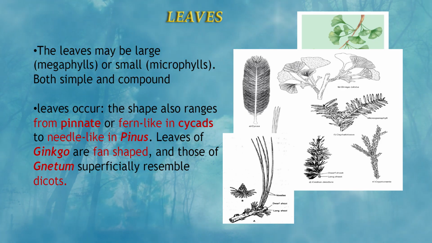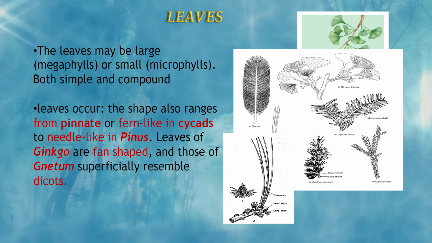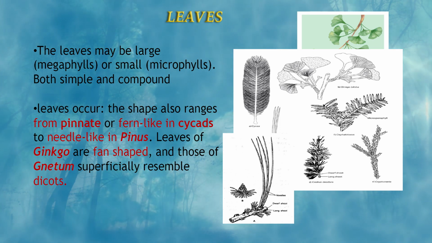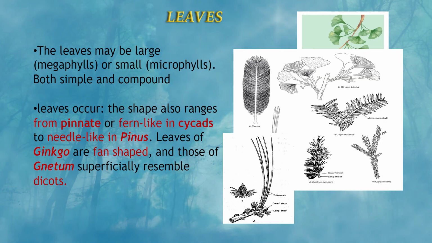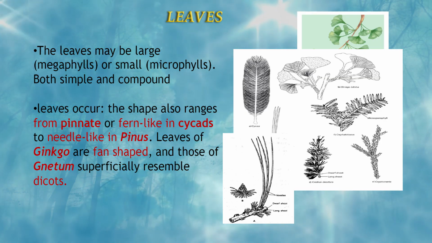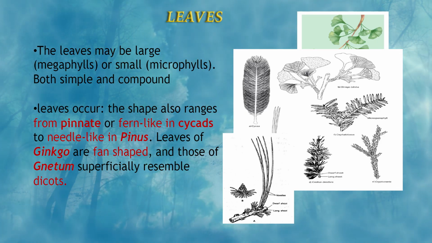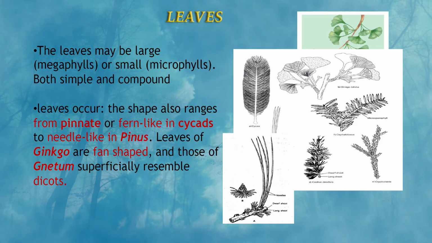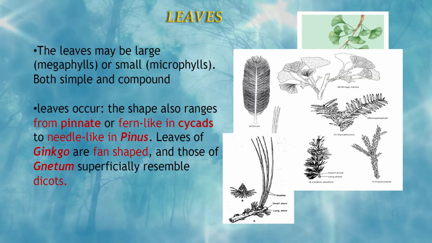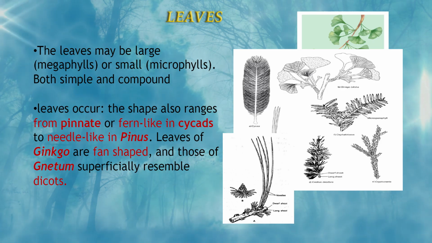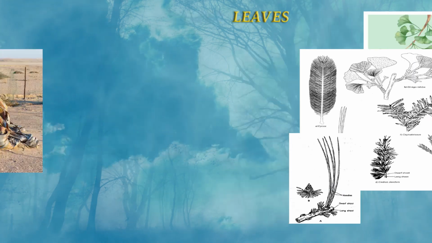In Pinus we have needle-like leaves, which are xerophytic characters, and many species of Pinus can be identified on the basis of these needles. And Gnetum has leaves just like dicot leaves, though it is very superficial, but they have. So, there is a lot of variation in the leaves of Gymnosperms.